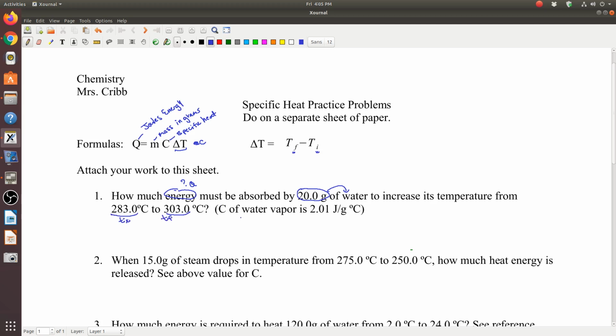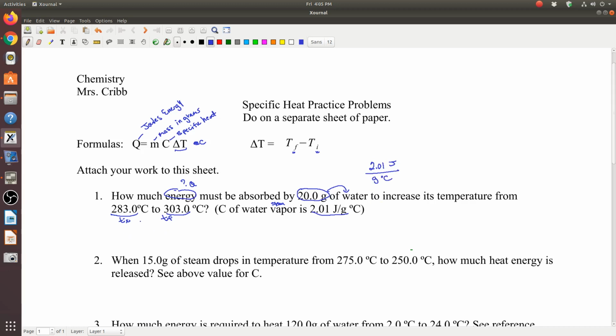And now the water vapor, you're going to use the specific heat of water vapor, or steam. And that's 2.01 joules per gram degree Celsius. And this right here can be written as 2.01 joules per gram degree Celsius. That's what it means. This is the unit that's used.